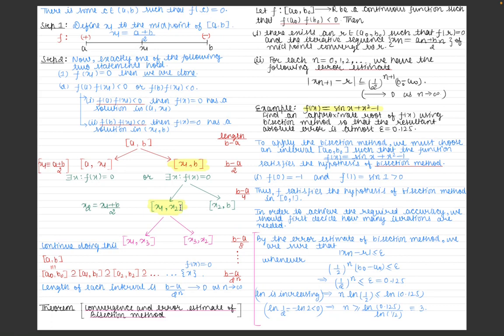First, either f of x1 is 0, right? Then in this case, we are done. So this is the root. Then we are done. Or second, either f of a times f of x1 is negative.